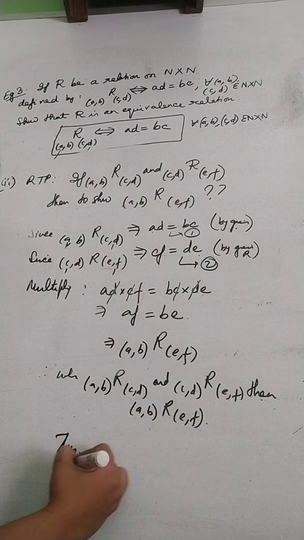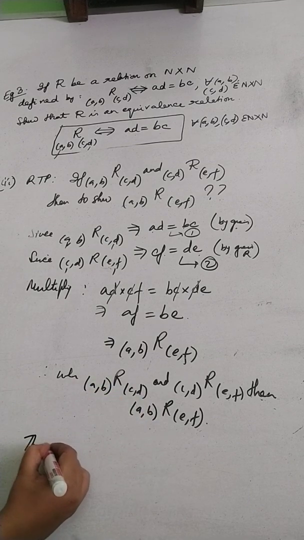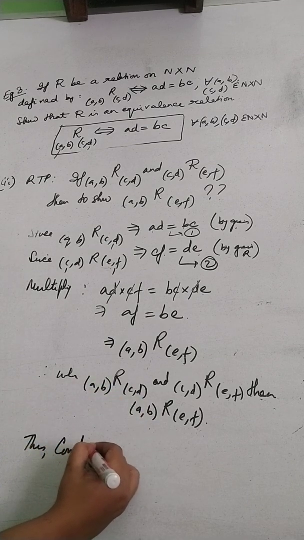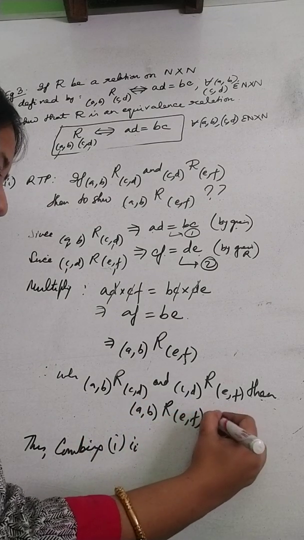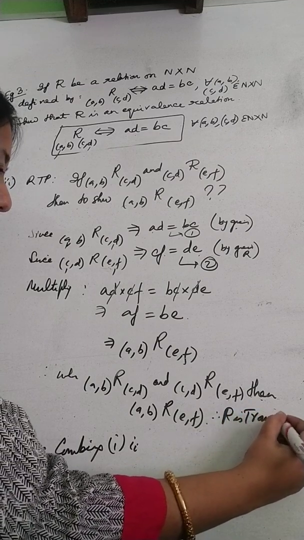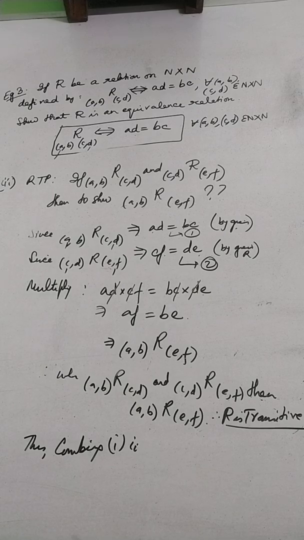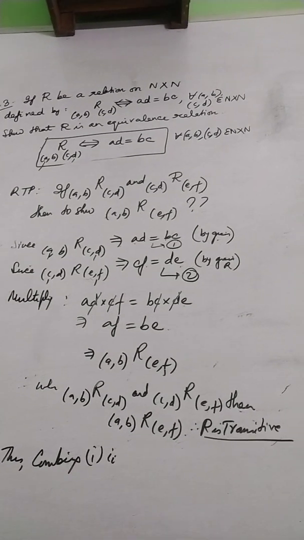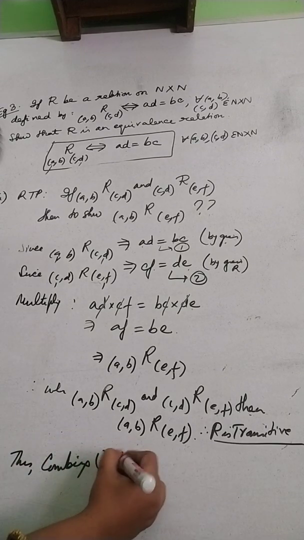Thus, combining, here I did not mention, therefore R is transitive. You must mention that; please mention this. So R is transitive. The final conclusion will be combining 1, 2 and 3.